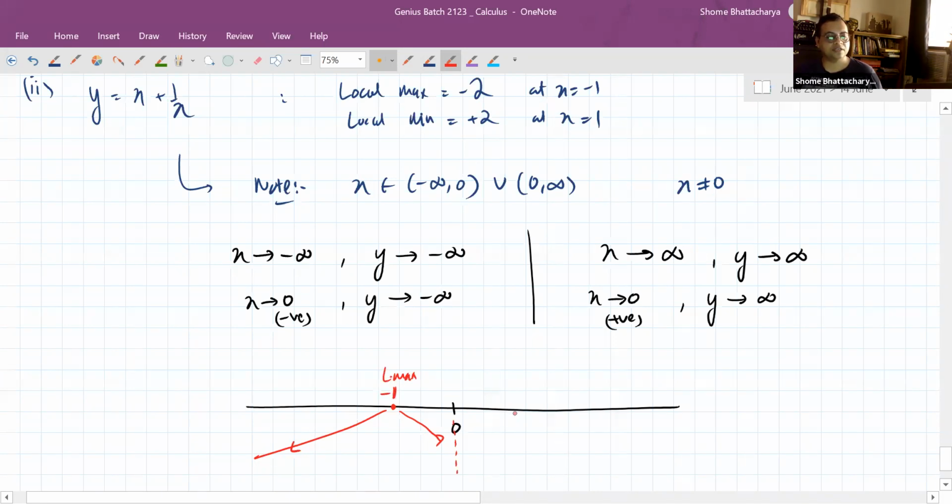And on the positive side, you can see that there's a critical point of 1. So it is decreasing up to 1 and then increasing after 1. So it is reaching a local minima at x equal to 1. But at 0, it is like not defined. So 0 is a disjoint graph that we will get.